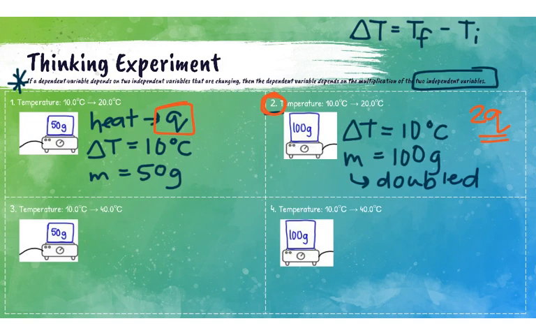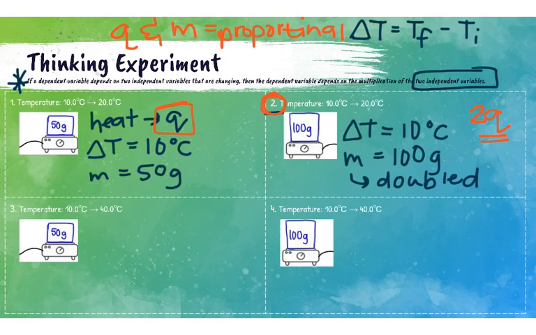That's an important thing to understand, because now we see that q, heat, and mass are proportional. That's going to be useful at the end when we put all of these relationships together.